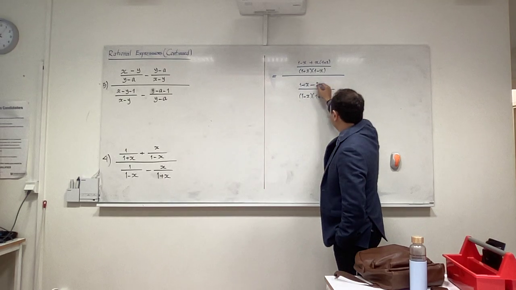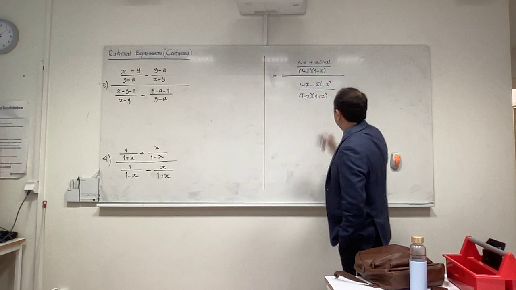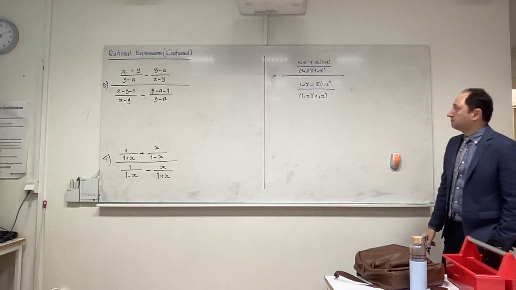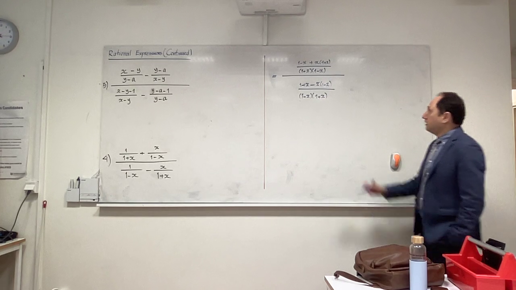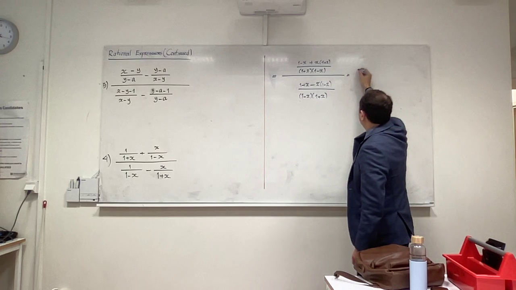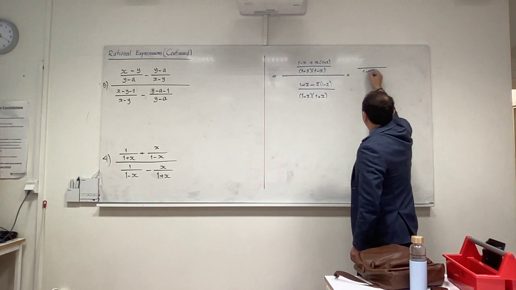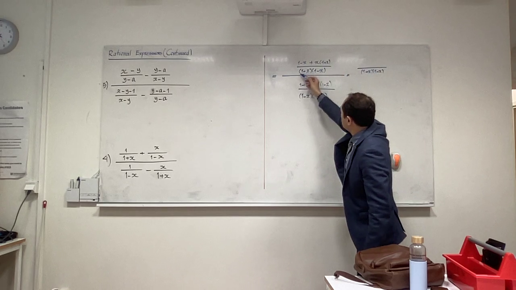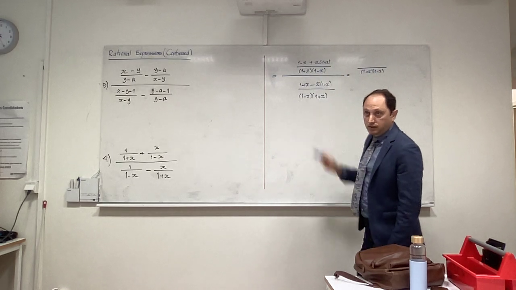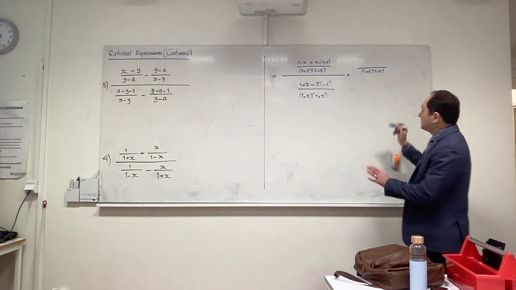I multiplied here. Yes? And then of course you need to simplify that. By the way, if you are quick enough, you hopefully realize you can get rid of this with that. Yes? This is possible, but let us keep it.